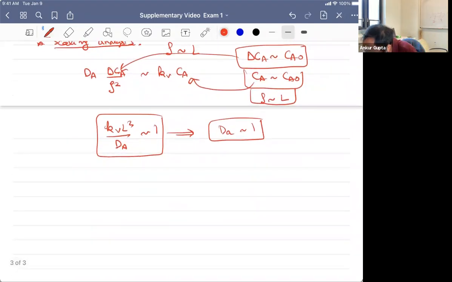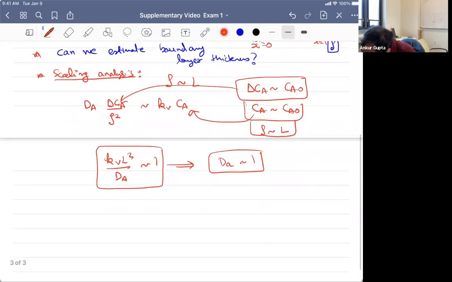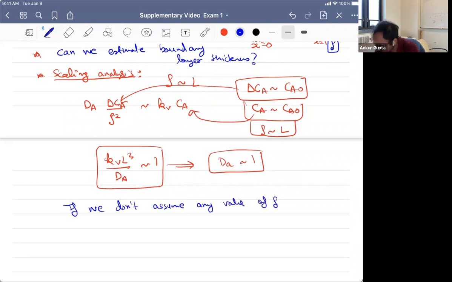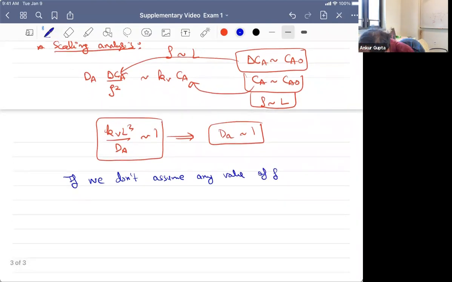And so if you don't make the argument, if you don't assume any value of delta, then we'll say dA delta Ca by delta square is kV Ca, and the same things will apply.